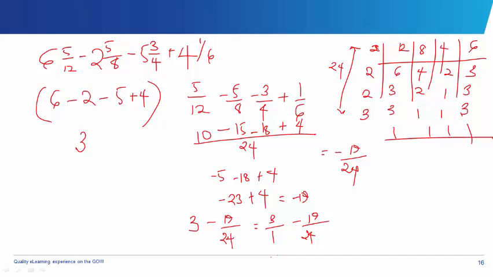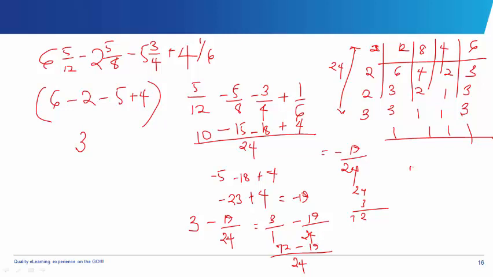So the LCM is obviously 24. 24 divided by 1 is 24. 24 times 3 gives us 72. 72 minus 24 divided by 24 is 1. 1 times 19 is 19.